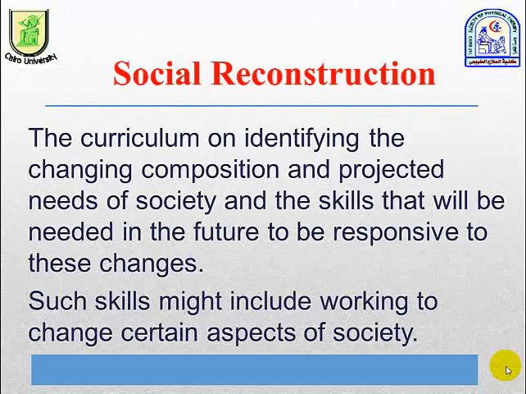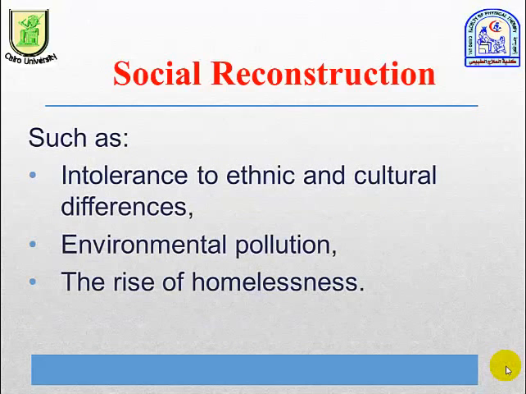The first is adaptation, and the second is reconstruction. Such skills to gain, to overcome reconstruction, might include working to change certain aspects of society. Social reconstruction addresses intolerance to ethnic and cultural differences, environmental pollution, and the rise of homelessness.